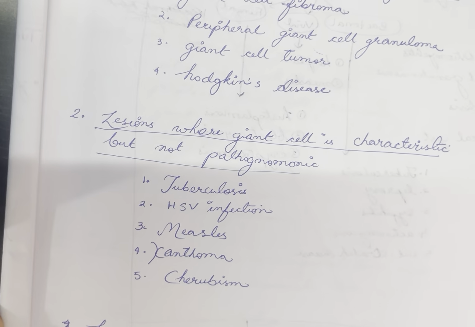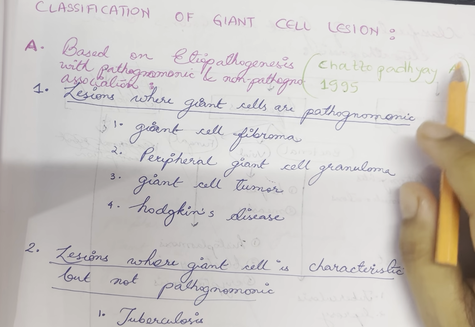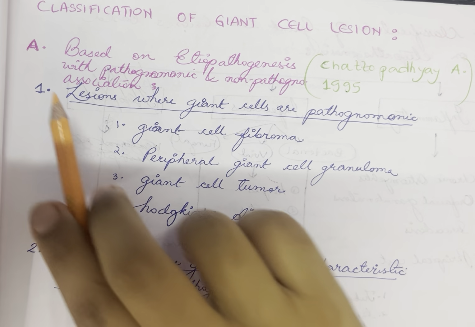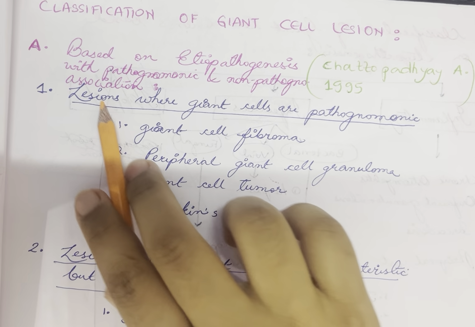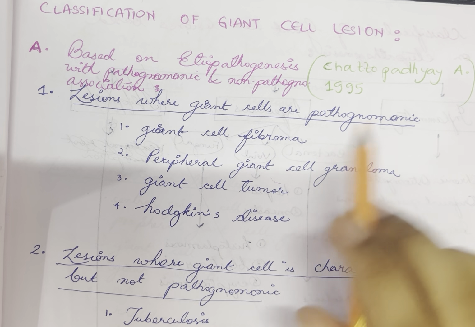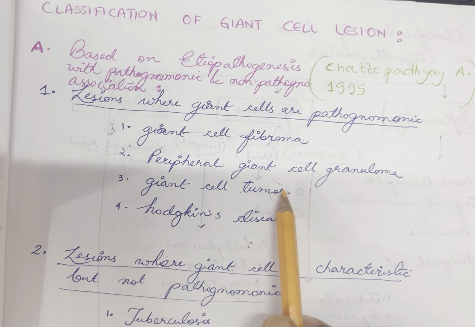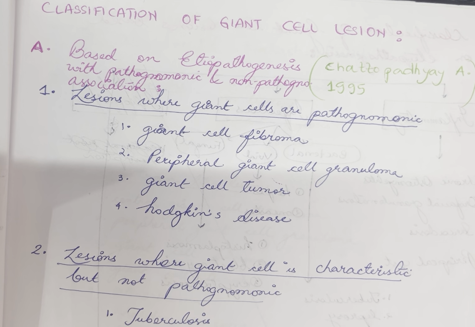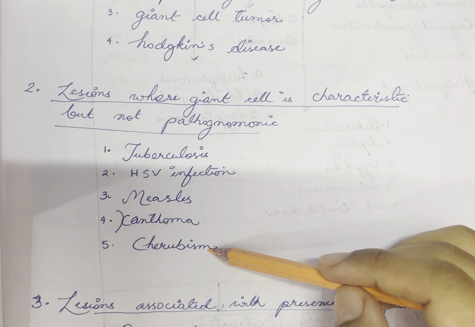Then comes the classification of giant cells. This was given by Chattopadhyay A in 1995, based on the etiopathogenesis with pathognomonic and non-pathognomonic association. Lesions where giant cells are pathognomonic: giant cell fibroma, peripheral giant cell granuloma, giant cell tumors, and Hodgkin's disease. Then number 2, lesions where giant cell is characteristic but not pathognomonic, such as tuberculosis, HSV infection, measles, xanthoma, and cherubism.